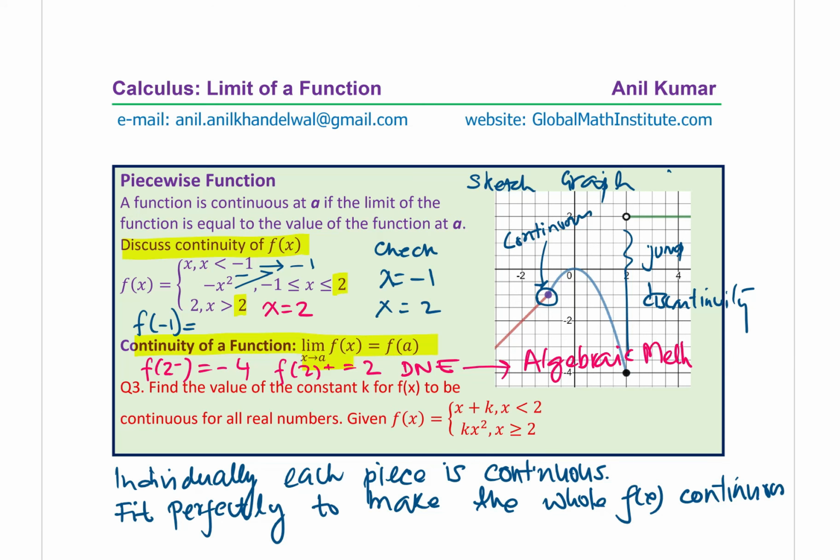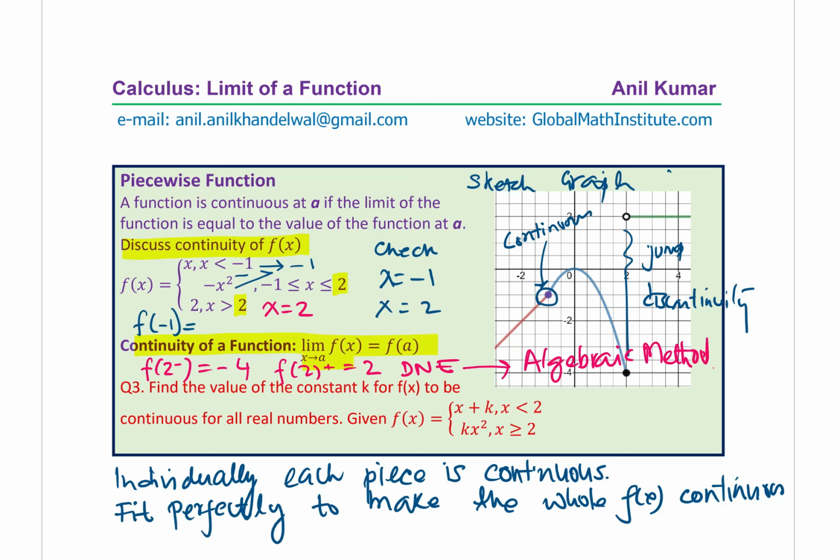So I'd like you to actually go through this part again, understand what we did. What you need to understand here is that we have 2 different pieces, and these pieces could be joined. If the joint is at the same point, then the functions are continuous, otherwise not. So you have to check the value of the function at the end points of each piece.